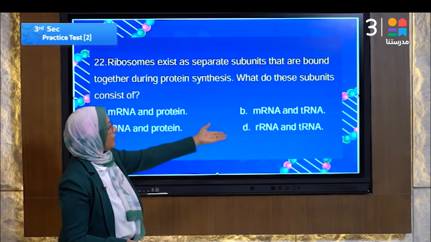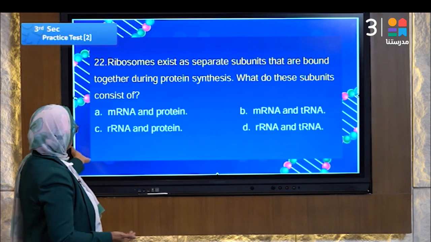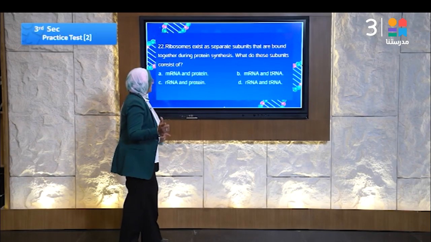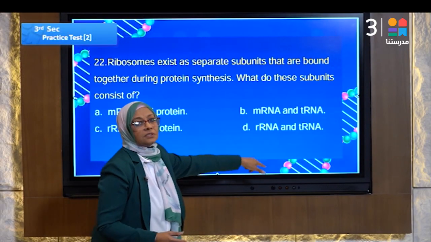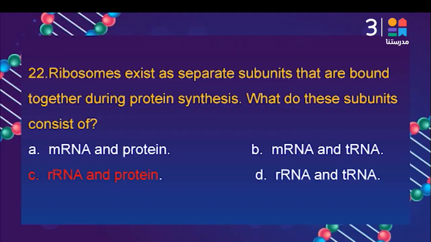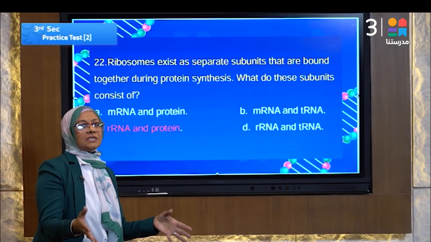B, messenger RNA and transfer RNA. C, ribosomal RNA and protein. D, ribosomal RNA and transfer RNA. Let's go. That's the base. Yes, ribosomal RNA is the base, along with protein, to make protein synthesis inside the cell.